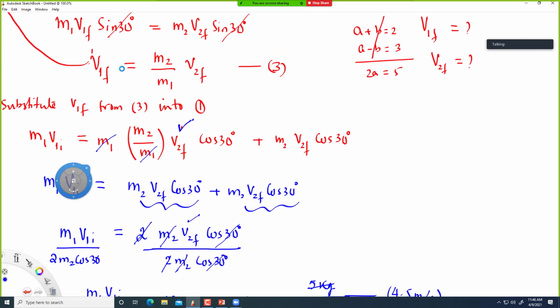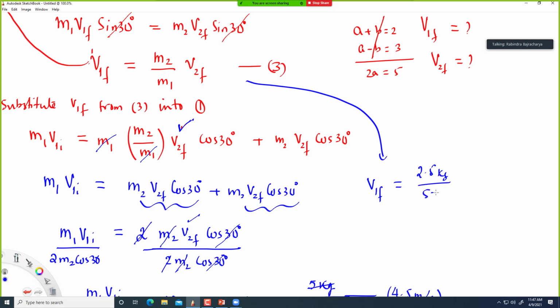So let's use equation 3. Okay, so here this one. So we want to find V1F. M2 is 5. Sorry, M2 is 2.5. So we're trying to find V1F. Yes, 2.5. We already found V2F. Now we want to find V1F.